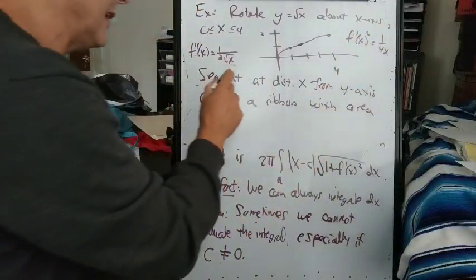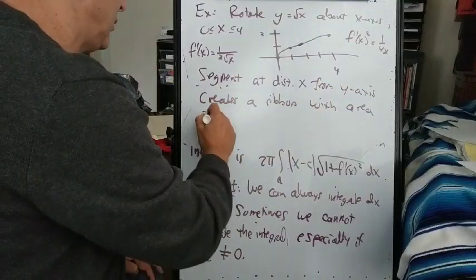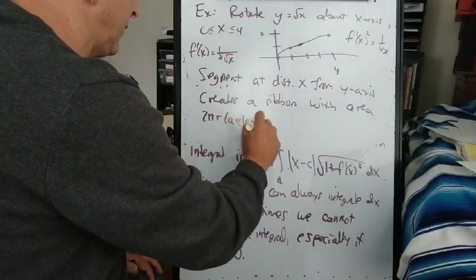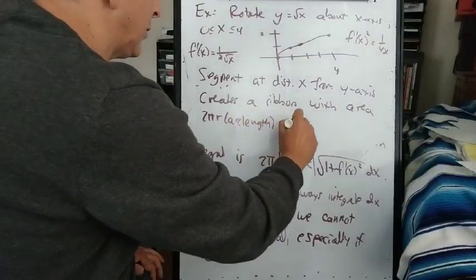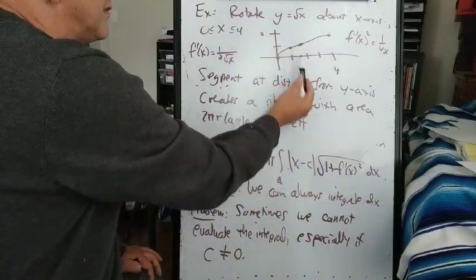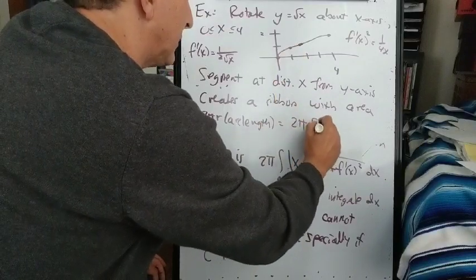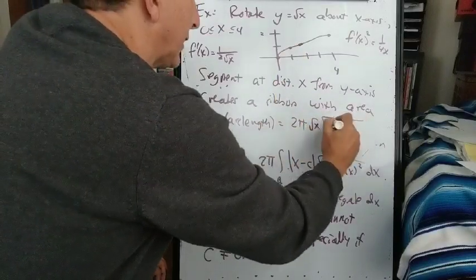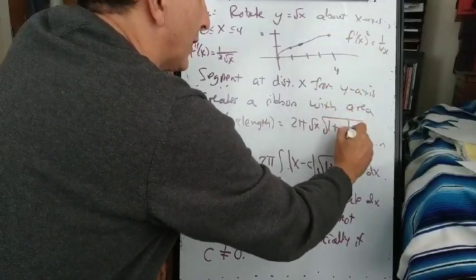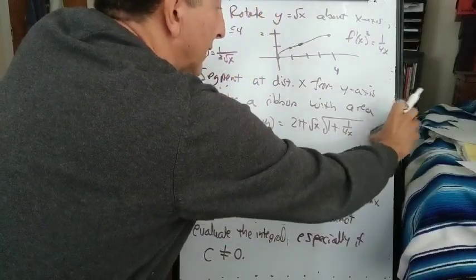Alright, so the segment at distance x from the y-axis creates a ribbon with area 2 pi r times arc length. 2 pi r is going to be distance to the curve, so it's f of x, which is square root of x, times the arc length, square root of 1 plus the squared derivative, 1 over 4x, delta x before we take the integral.